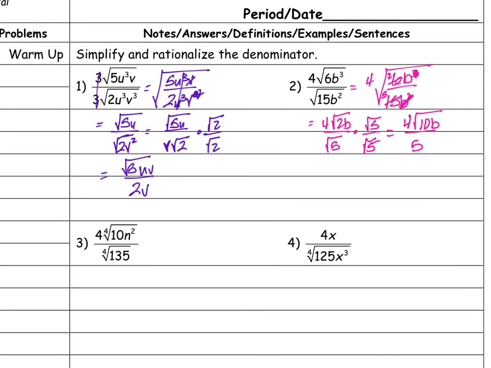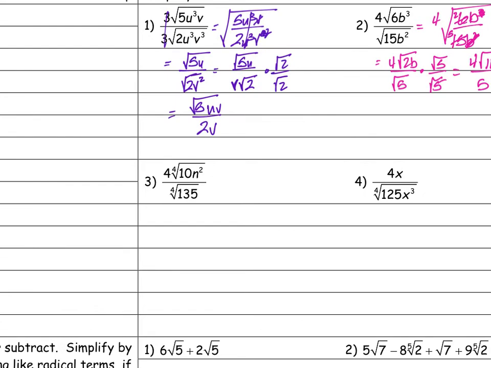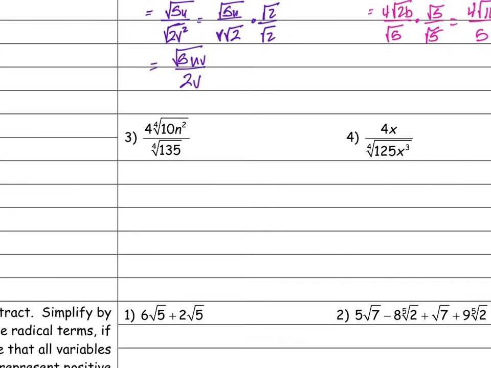Okay. And then, okay, so let's see, 4 times the fourth root of 10n squared over 135. So I'm assuming 5 goes into both of them.